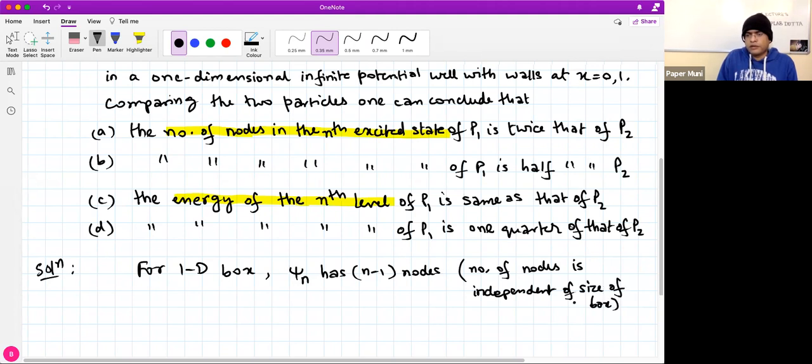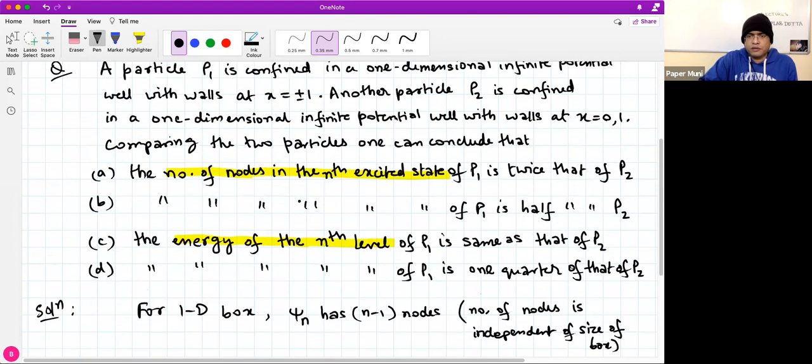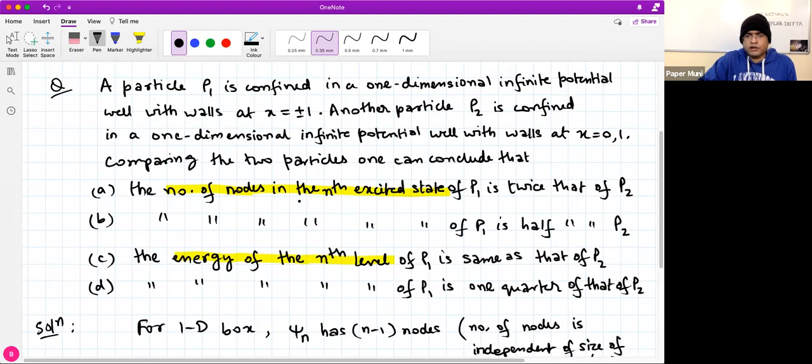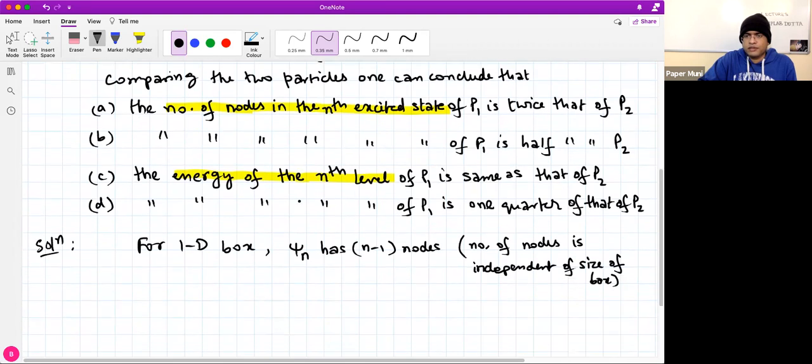All right, and this is clear. Now let's write down the energy. In this case, what will be the answer for this part? In both cases, if you're talking about the nth excited state, the number of nodes will be the same, right?